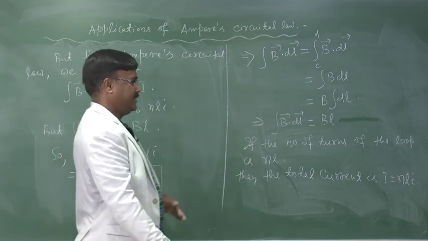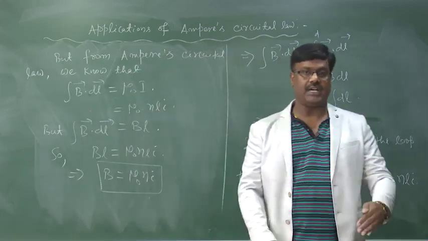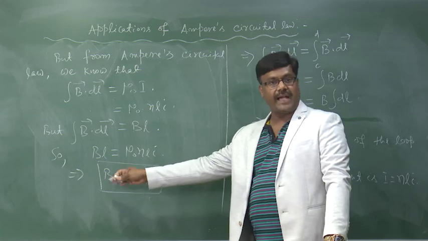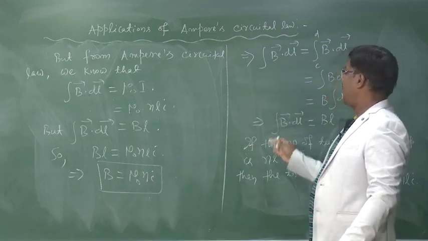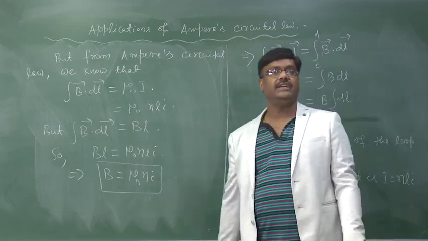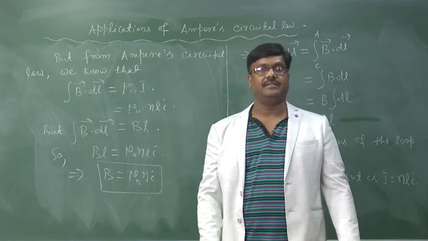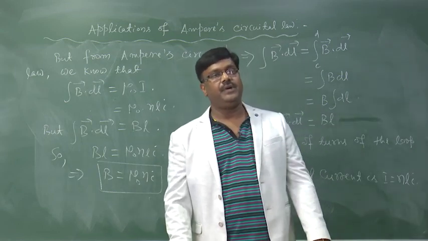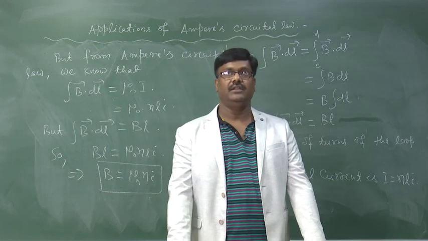This is the expression for the magnetic field strength at a point inside a solenoid carrying current, and this is done with the help of Ampere's circuital law.